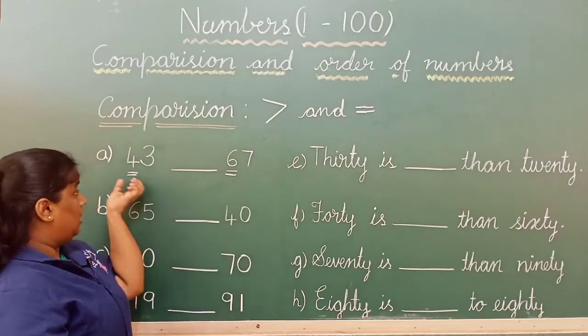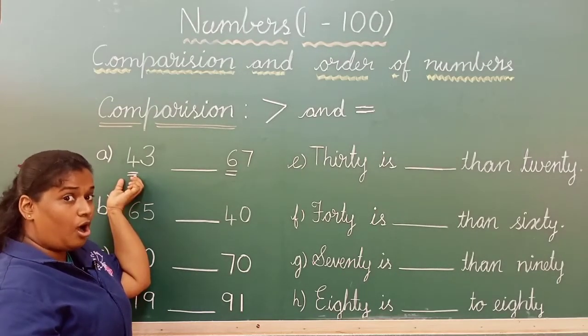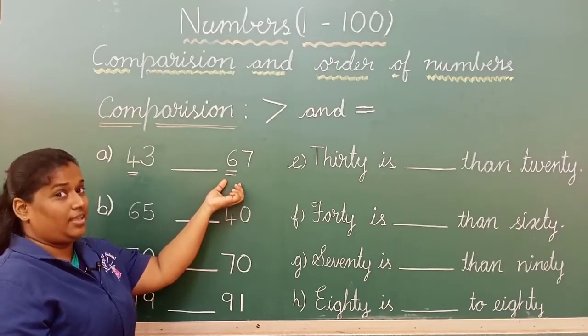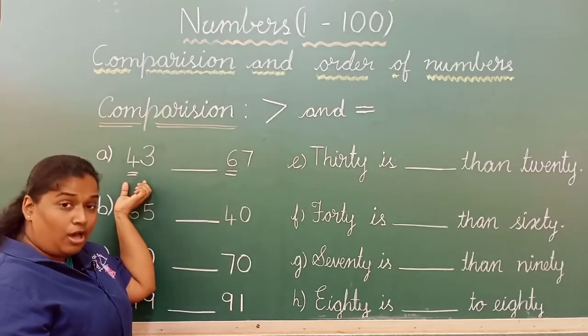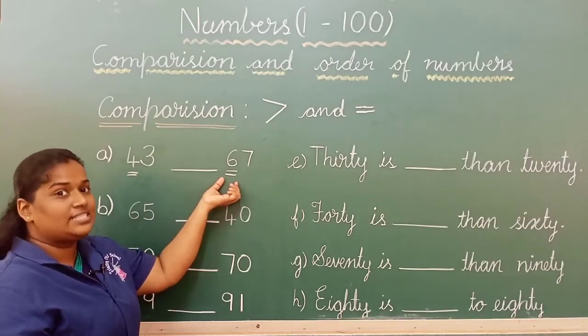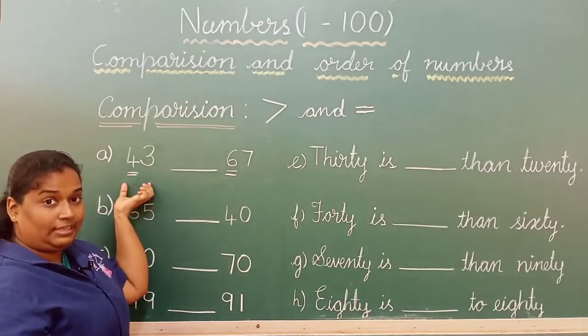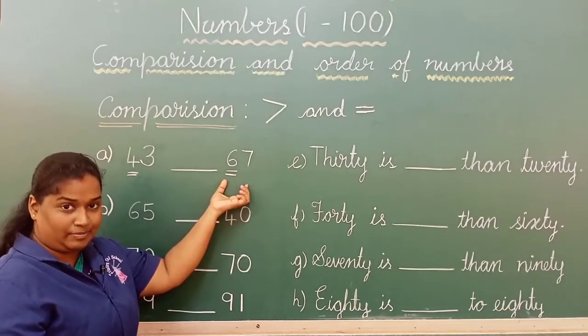Now tell me, is 4 tens greater or smaller than 6 tens? Yes, 4 tens is smaller than 6 tens. That is why 43 is smaller than 67.